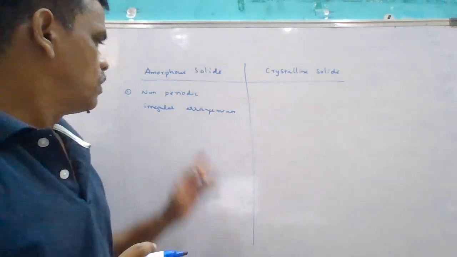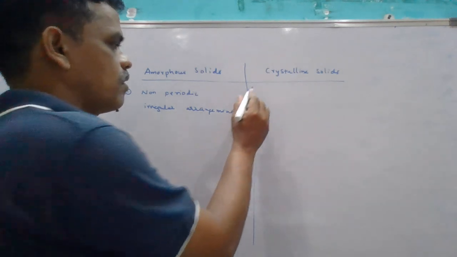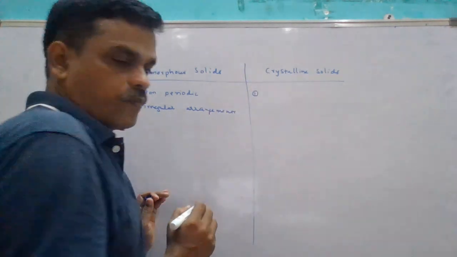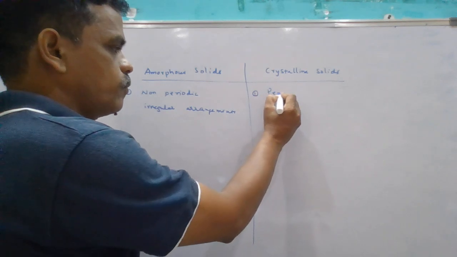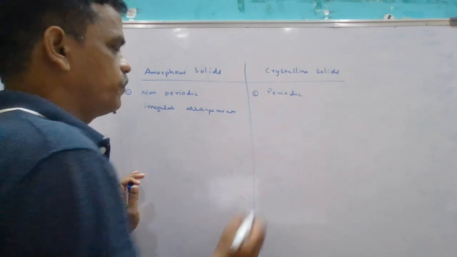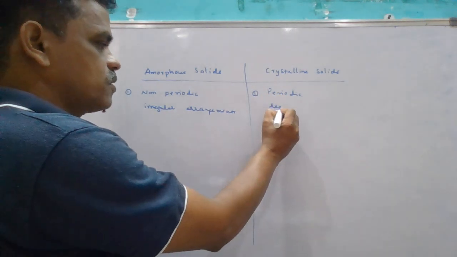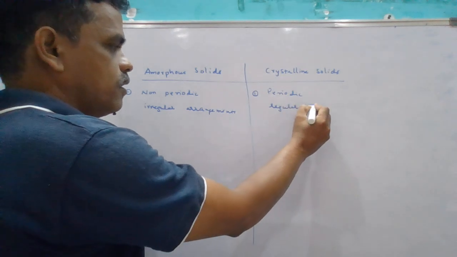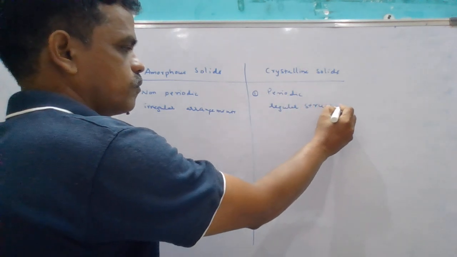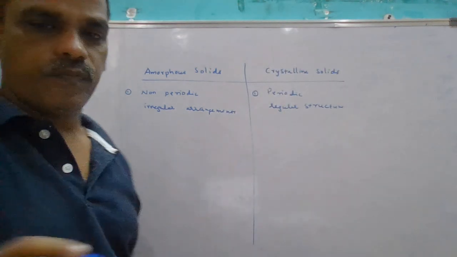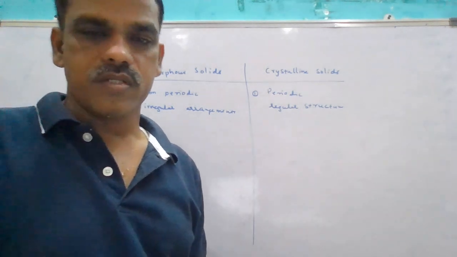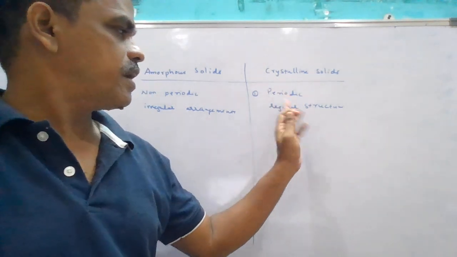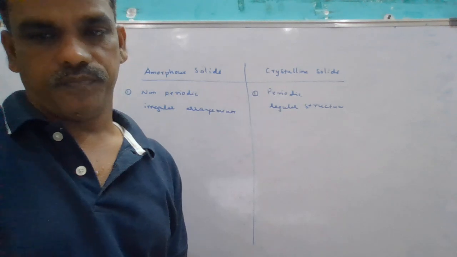So in crystalline, this is non-periodic, this will be periodic and regular structure. So here in amorphous, non-periodic irregular arrangements. In crystalline, periodic and regular structure.